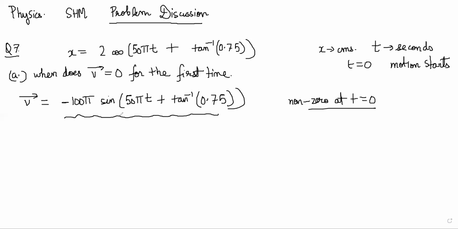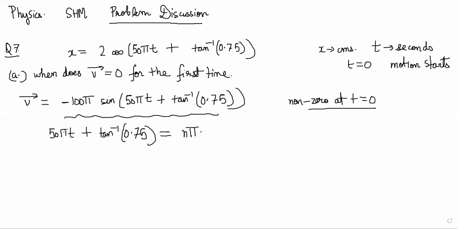If you notice, this is non-zero at t is equal to 0. If you put t is equal to 0, you'll get sine of tan inverse this and minus 100 pi, so that will be non-zero. So you have to make sure that this becomes 0 for the first time. It will become 0 when 50 pi t plus tan inverse 0.75 is equal to n pi, because whenever the argument is n pi, the sine will become 0.